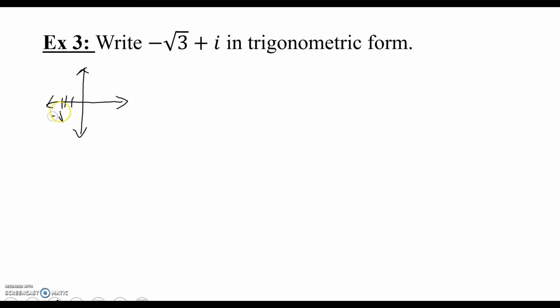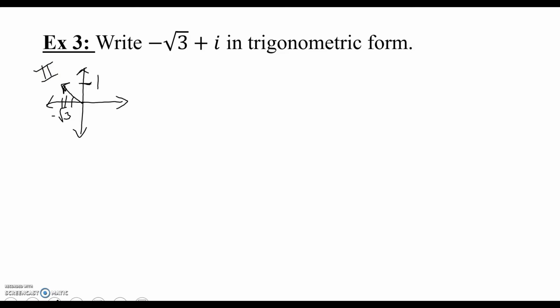And then that i, there's no number in front, but there's an understood 1 in front, so the imaginary part will be 1. Your vector would go something like this. It will be in quadrant 2. That's the most important thing, that we know our vector is in quadrant 2.